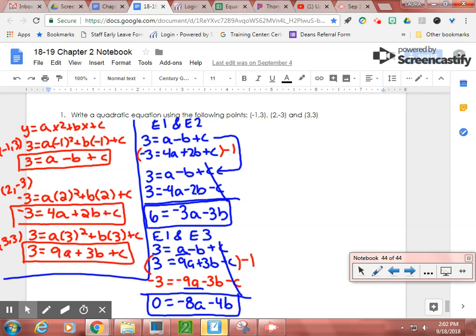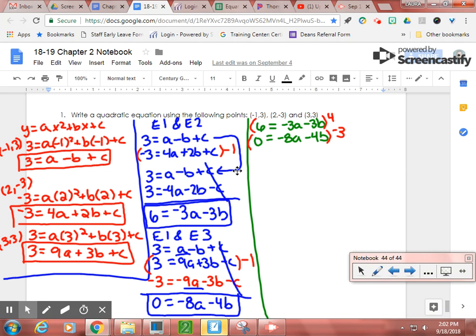So now what I want to do is work with these 2 equations. So let's stack those on top of each other and look at them. So 6 equals -3a minus 3b. Then this one is 0 equals -8a minus 4b. So what I would do is get common terms of them. So mine would be to get this to 12. So to get this to 12, I would multiply this by 4, and I would multiply this one by a negative 3.